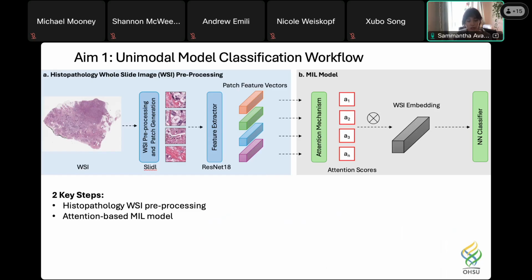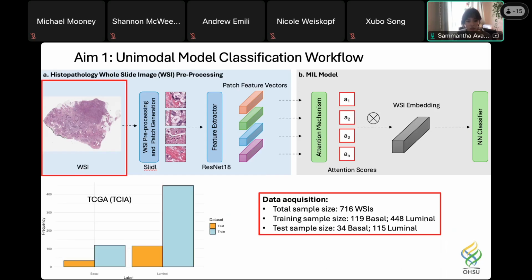And so just to start going through this workflow, we first downloaded 716 whole slide images from the Cancer Genome Atlas and broke up the samples into training and test sample sets, where the training sample set contained 119 basal patients as well as 448 luminal patients, whereas our test sample set consisted of 34 basal patients and 115 luminal patients.